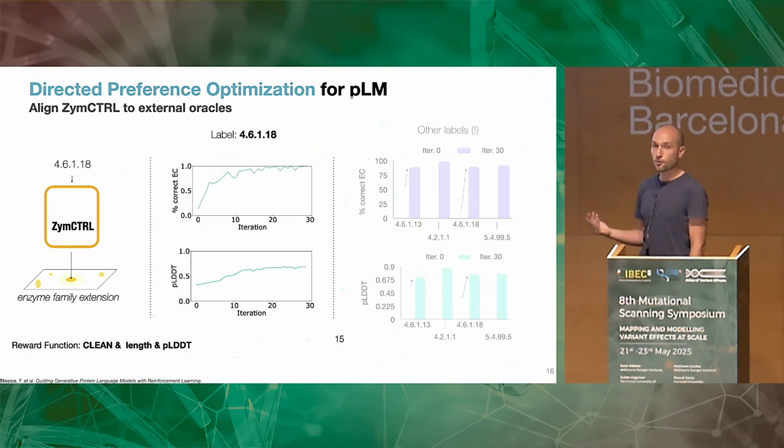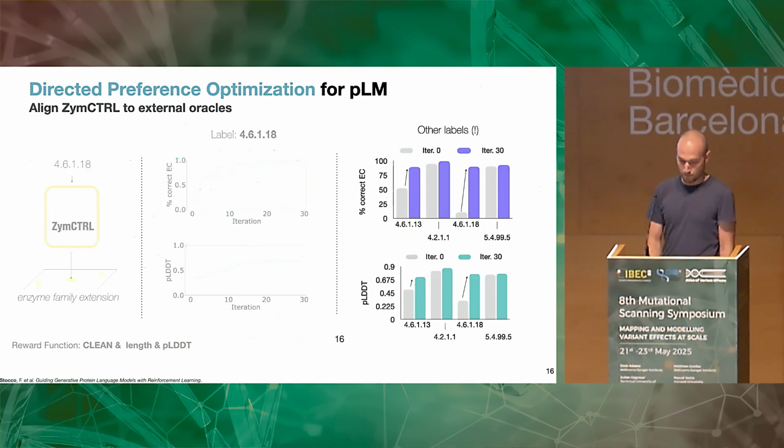We tested this for many different features, bounded or unbounded values. For the sake of time, I will not spend too much time on this, but what I think is very interesting is that we observed that this reinforcement affects not only enzyme classes that are the objective of the reinforcement, but also classes that are close by.